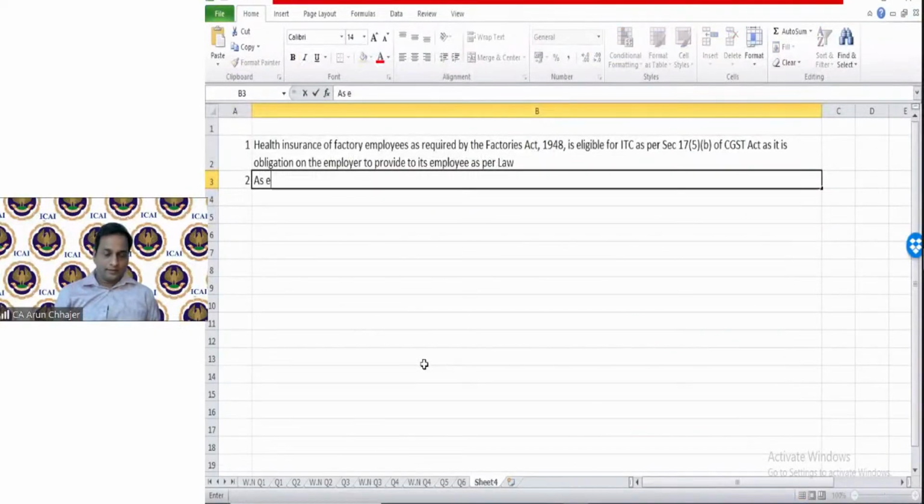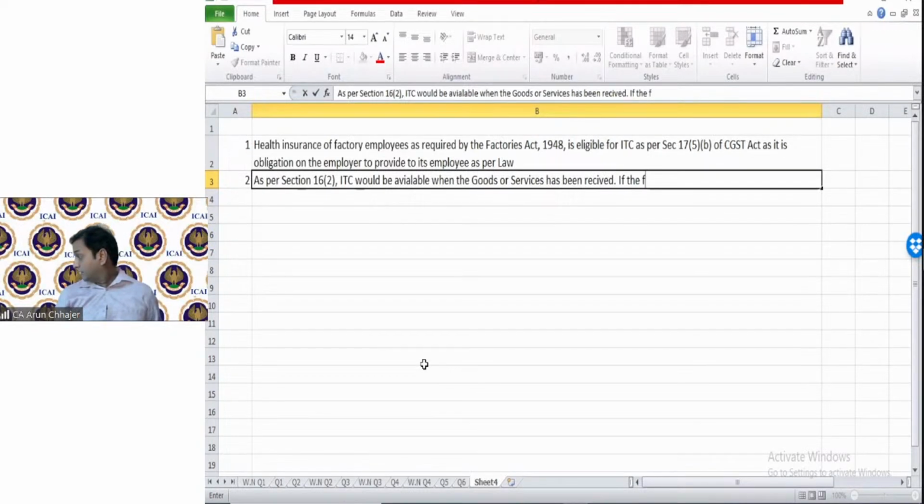As per section 16 subsection 2, ITC would be available when the goods or services have been received.